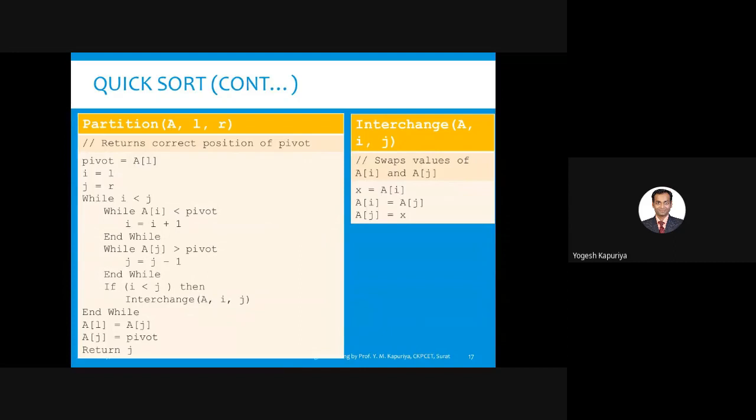Now before we discuss this algorithm, I want to have some visualization on that. Unfortunately, I couldn't find something which is straightforward, so I will have to do it manually.